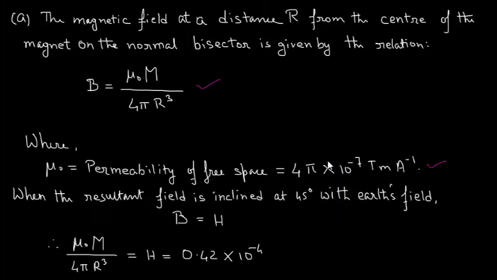When the resultant field is inclined at 45 degree with Earth's field, B is equal to H. Therefore, mu naught multiplied by M upon 4 pi r cube is equal to H is equal to 0.42 multiplied by 10 to the power minus 4.